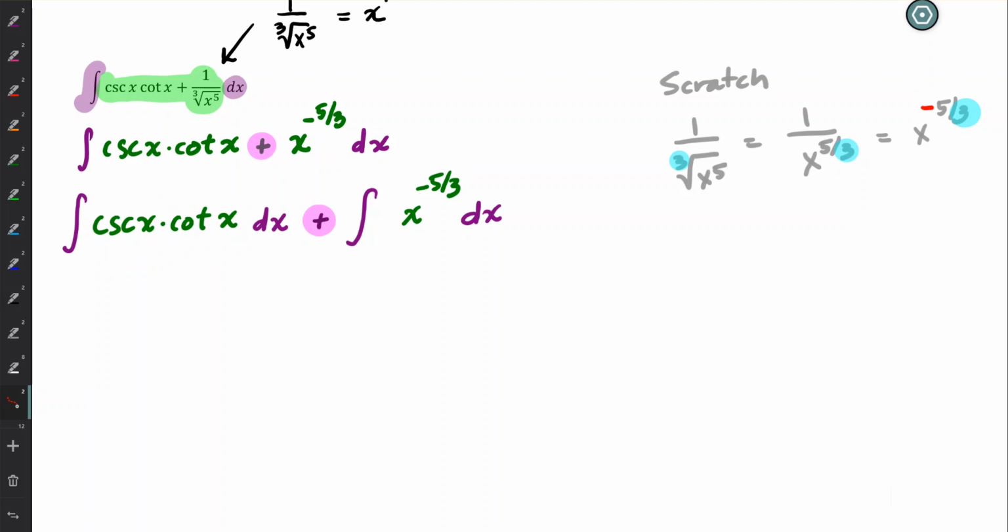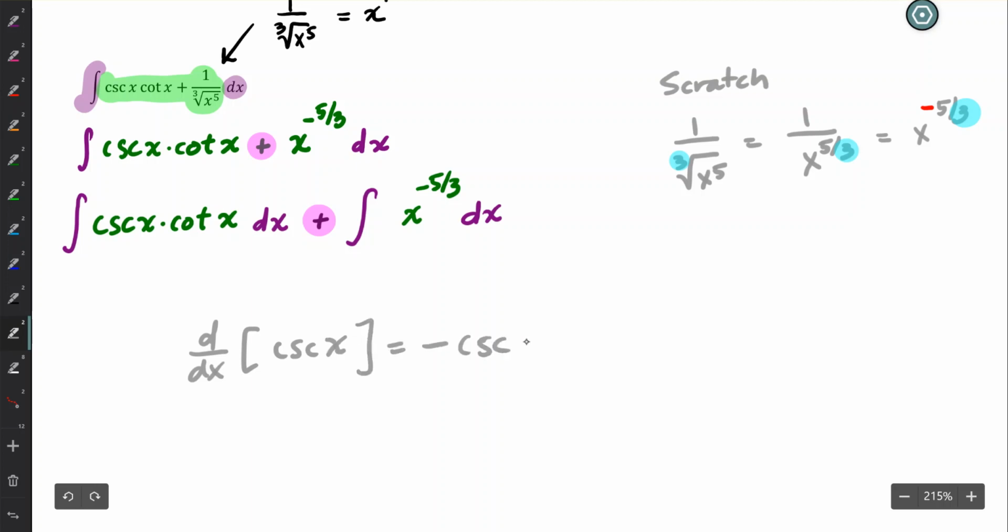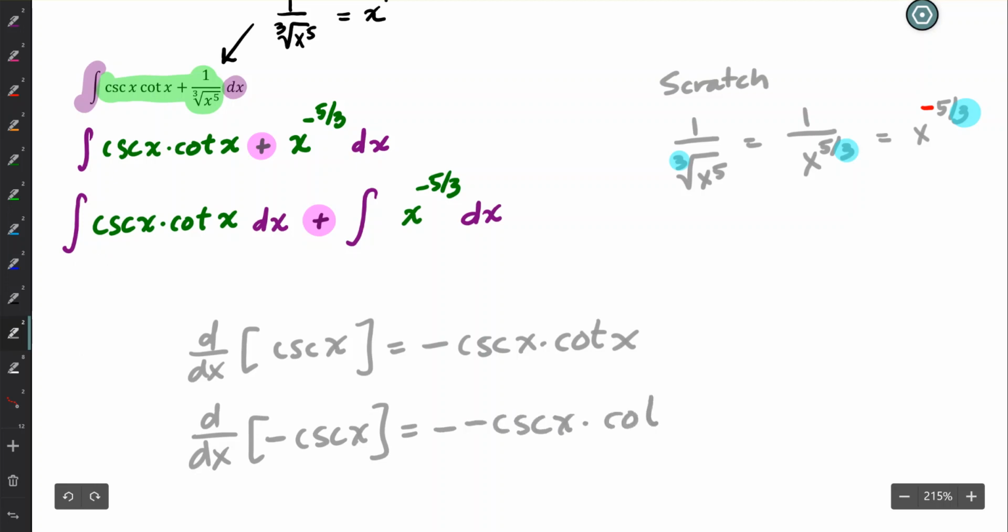Well, the derivative of cosecant x is negative cosecant cotangent. There's no negative sign right here. So I want the derivative of a minus cosecant. That'll be minus a minus cosecant times cotangent, which is a positive cosecant times cotangent. Yay! That's what we want here.